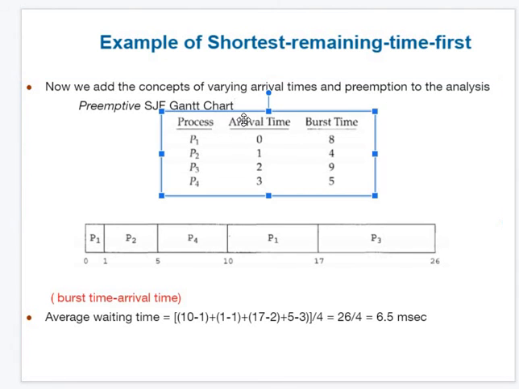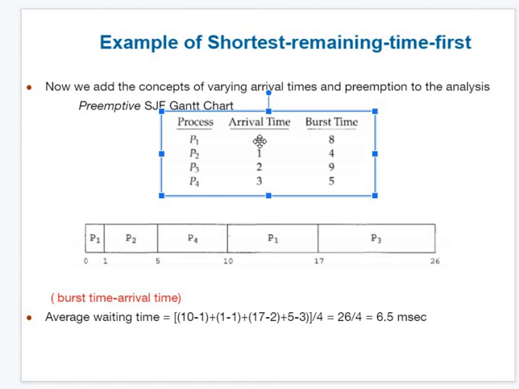Also we have to concentrate on the time at which a process is arriving for execution. So here 4 processes, P1, P2, P3, P4, all arrive at different times, 0, 1, 2, 3, and they are going to use the CPU for this much amount of time. Now the condition, please listen.